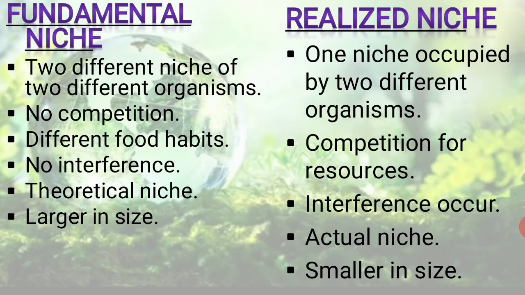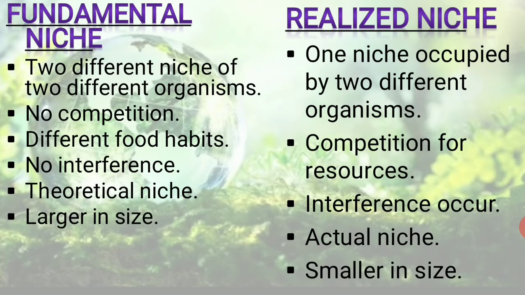In fundamental niche, there are different food habits, so there is no competition and no interference. But in realized niche, interference occurs because two different species can have similar food habits, right?